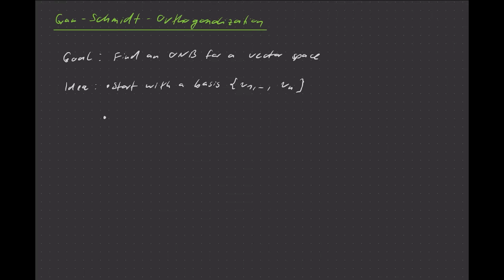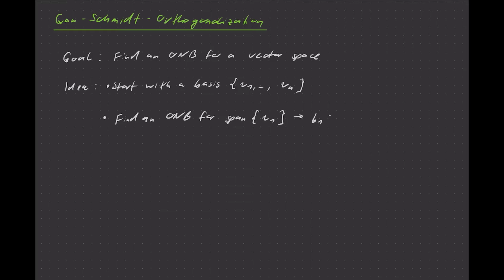Now in the first step, we're going to find an orthonormal basis for just the vector space spanned by V1, the first basis vector. That's easy. We just have to normalize V1 to do that.